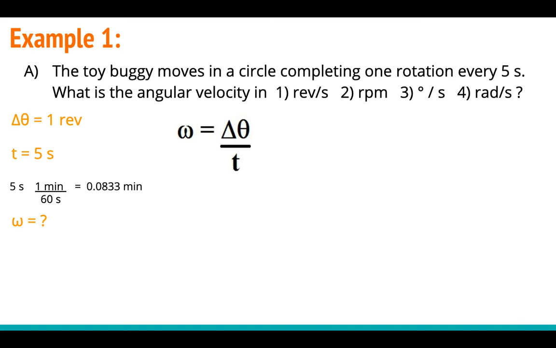So we're going to plug in for delta theta in terms of revolutions, which is 1, divided by the time it takes to complete that change in angular position, which is 5 seconds. And we find that the angular velocity is 0.2 revolutions per second. So it makes 0.2 of a revolution in every second.